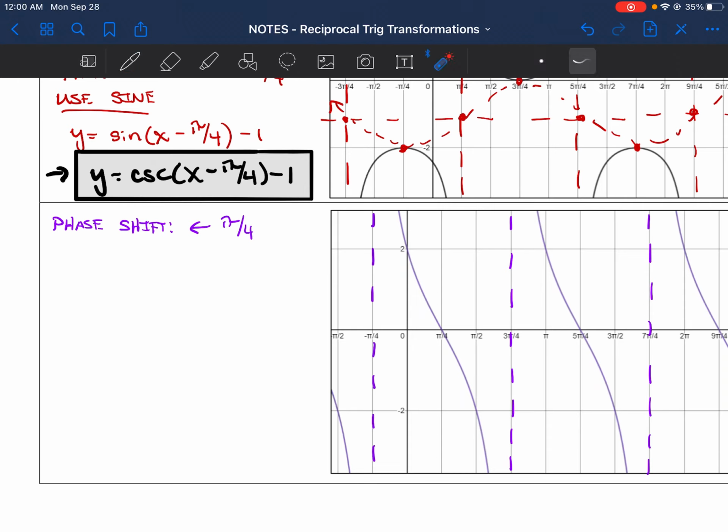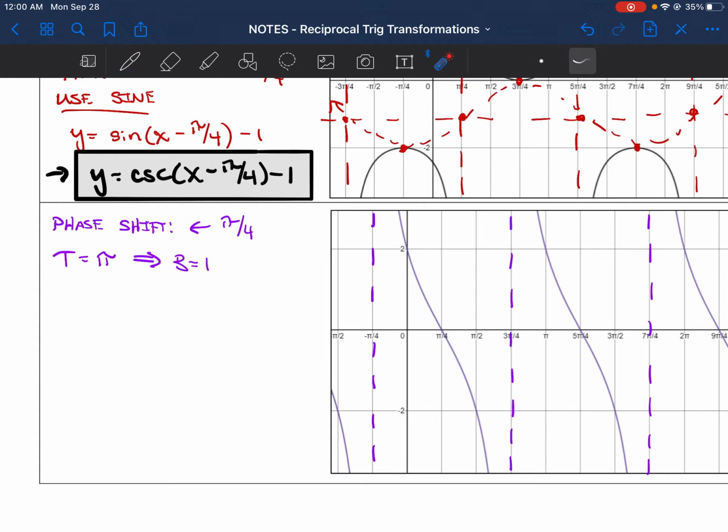Okay, the period, if we look at our period here, one full cycle, we'll go from asymptote to asymptote, so negative pi over 4 to 3 pi over 4. That's going to be a period of pi, so the period is pi. Remember that for cotangent, the parent function already had a period of pi, so that tells us that the b term is the same. B term is still 1.